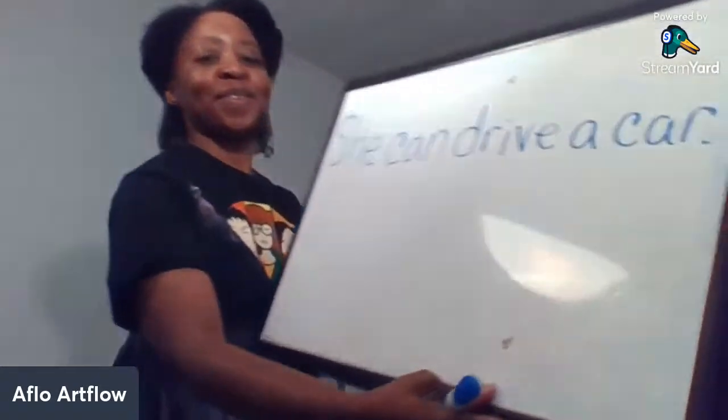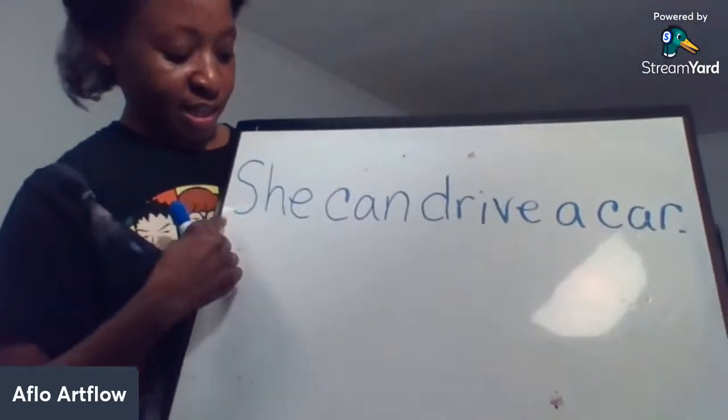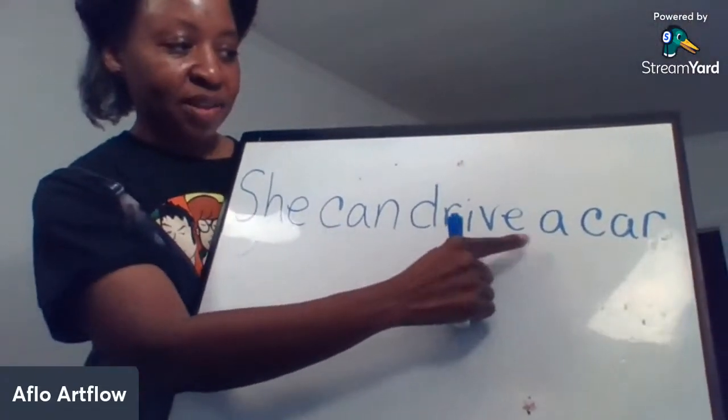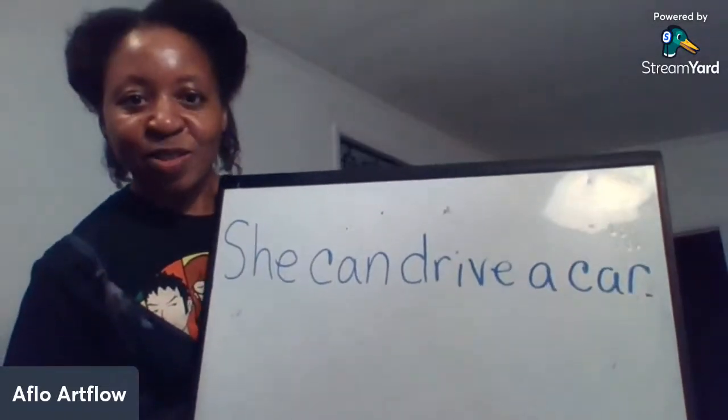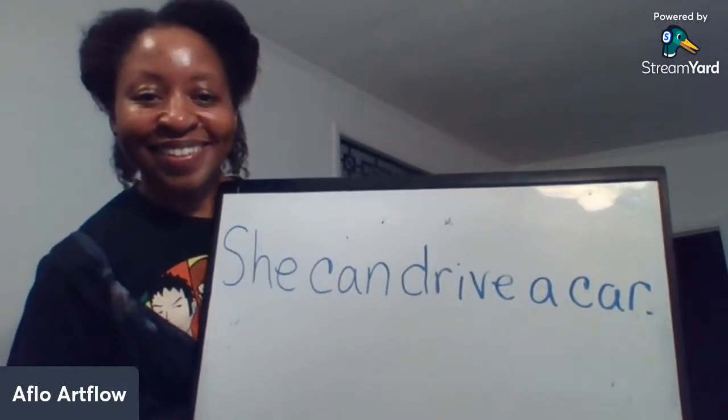Don't be worried about if you're spelling a word incorrectly. Just make an effort to try to put your sentence in the chat or in the description box below if you're watching a recording of this video. Excellent, Manny 36. She can drive a car. Good job. I'm proud of you. And I put a period at the end.